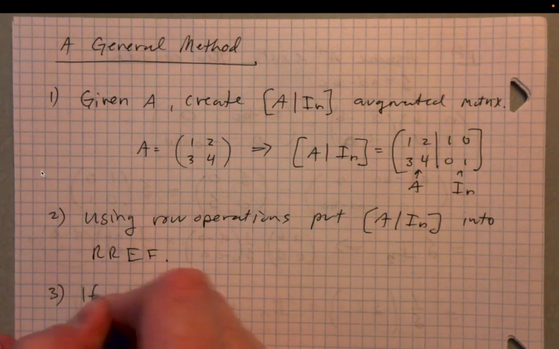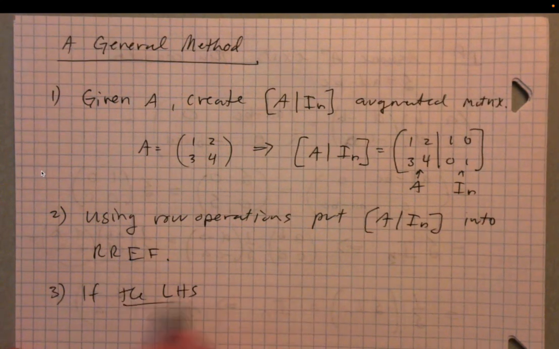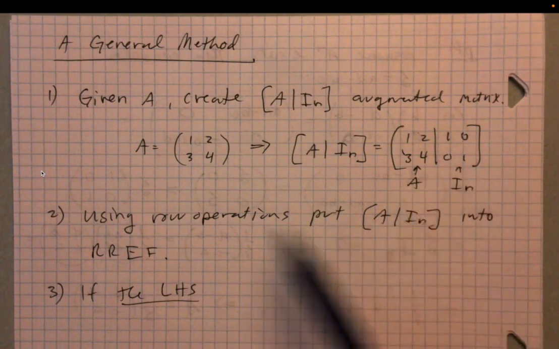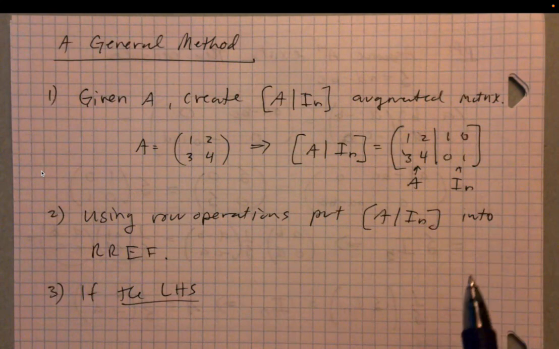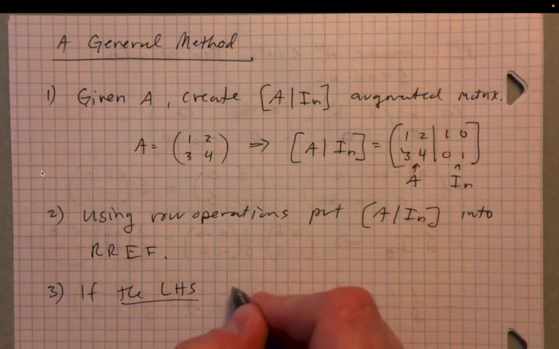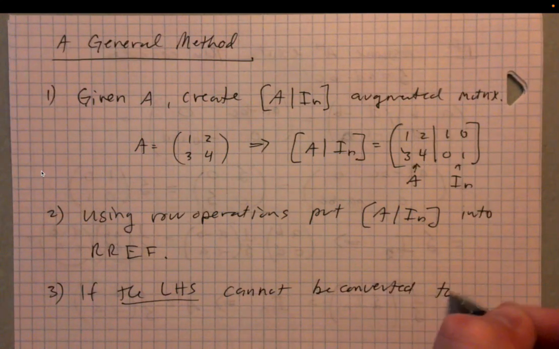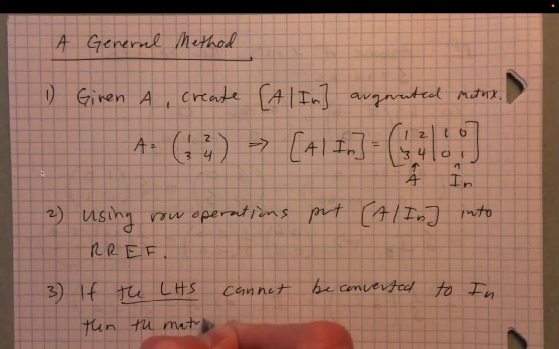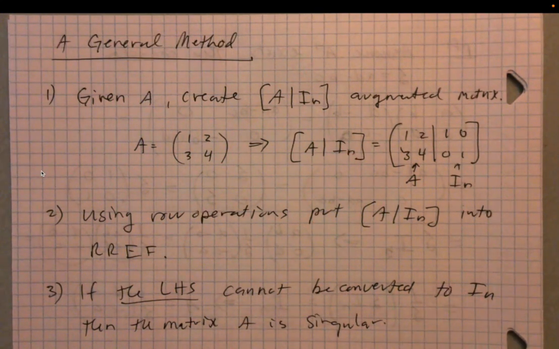If the left-hand side, meaning this side, upon doing these row operations and moving this into RREF, reduced row echelon form, cannot be converted to I_N, then the matrix is singular. The matrix A is singular.